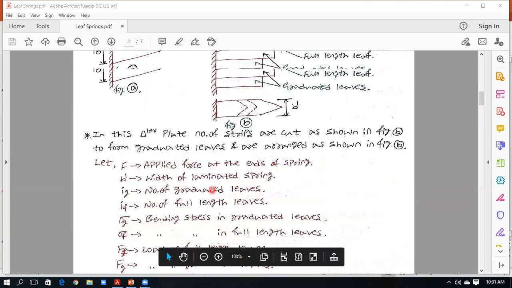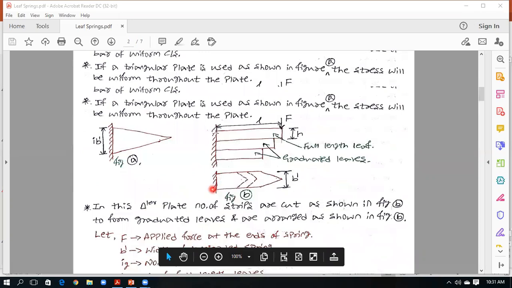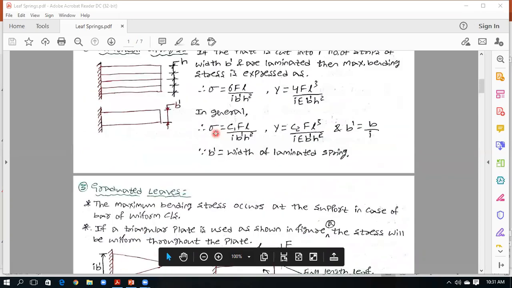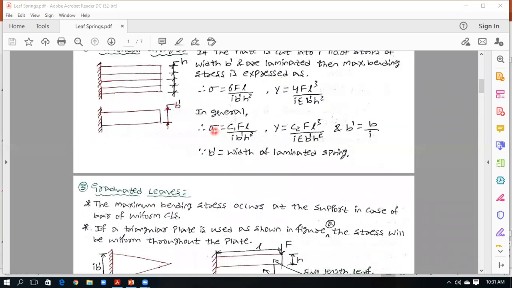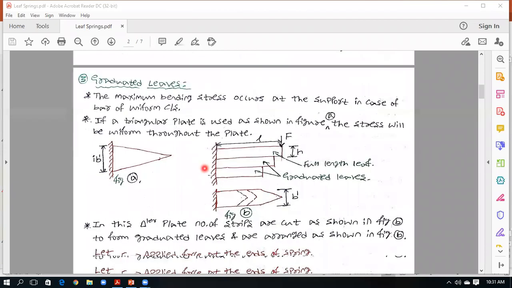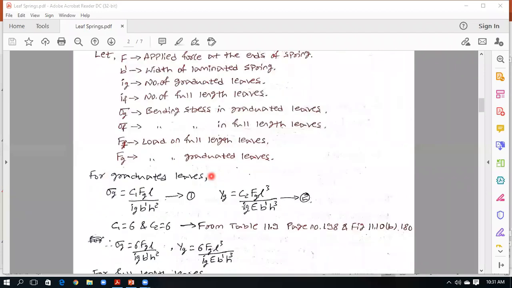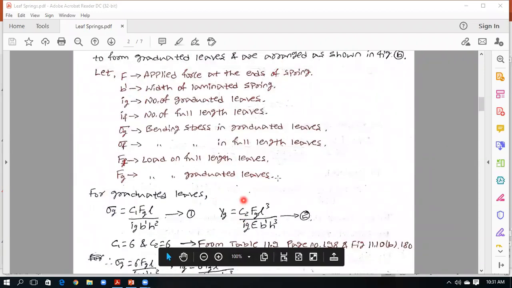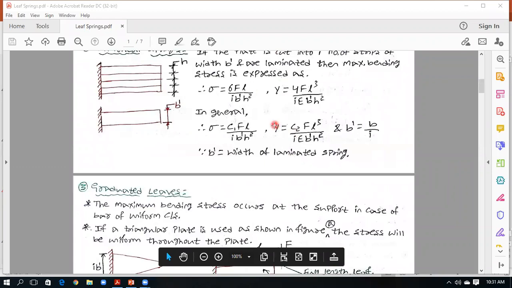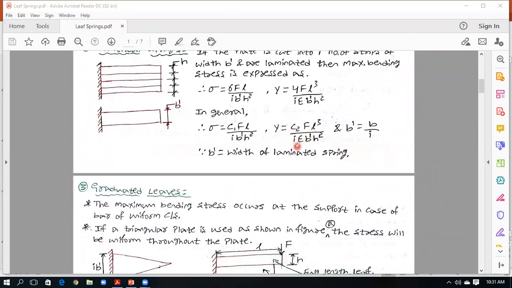To find the stresses for graduated leaves, you substitute sigma g, and whatever the load is, it has to be substituted as Fg and Ig. For deflection also, you take this as yg, Fg, Ig.